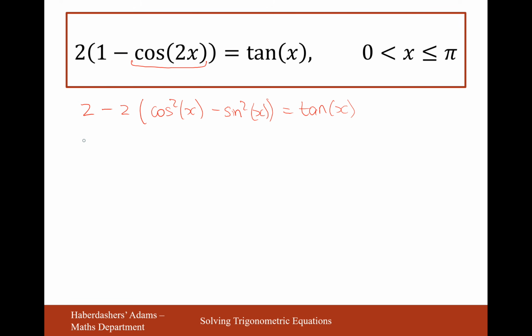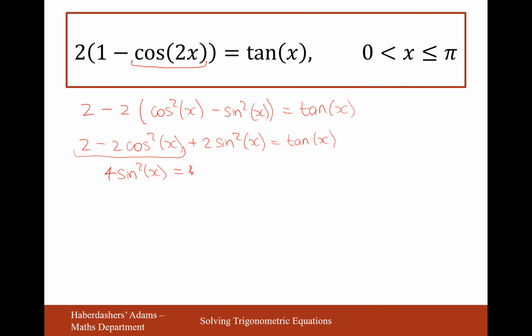The next thing I'll do is expand the bracket, so it's going to be 2 minus 2 cos squared x plus 2 sine squared x equals tan x. Now I'd quite like this 2 to disappear, so if I group it with the 2 cos squared, then 2 minus 2 cos squared turns it into 2 sine squared, so this whole thing will then turn into 4 sine squared x equals tan x.